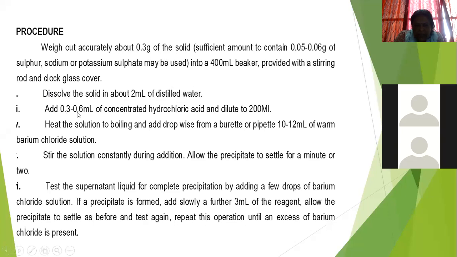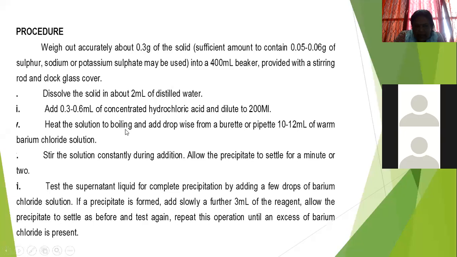Then add 0.3 to 0.6 ml of concentrated HCl and dilute it up to 200 ml. So you have a 400 ml beaker and you are preparing 200 ml of solution in it.